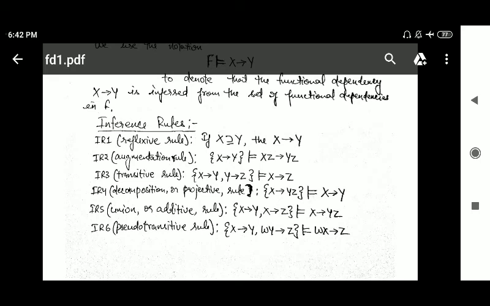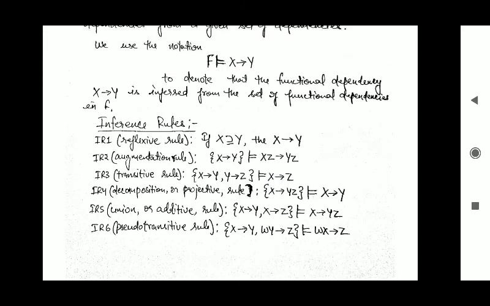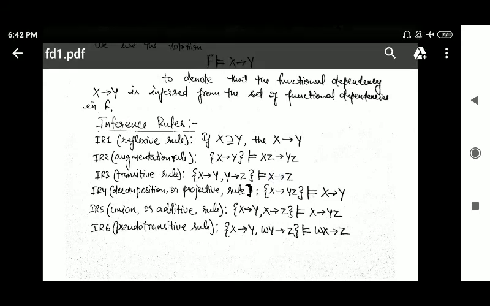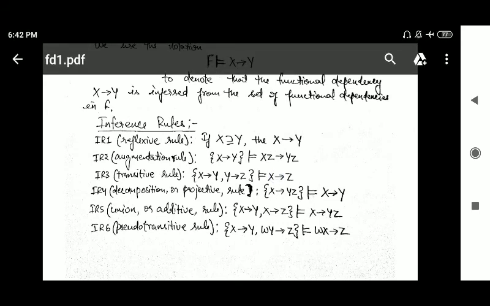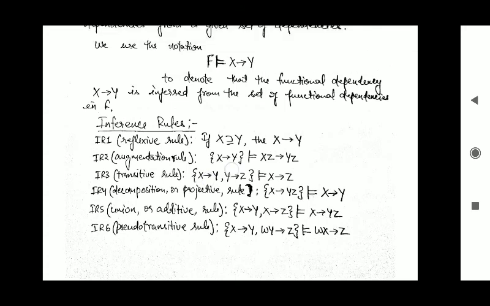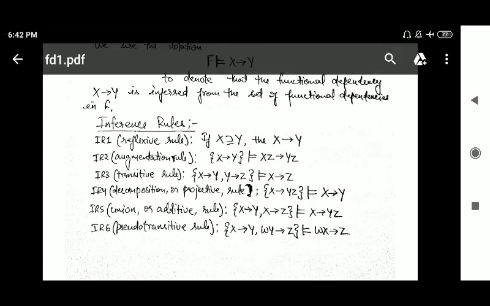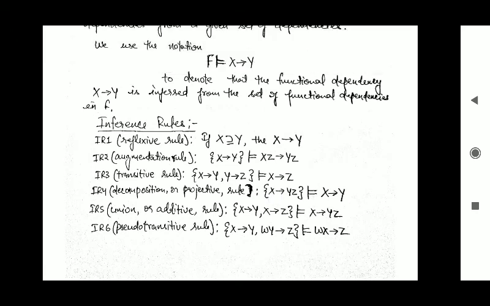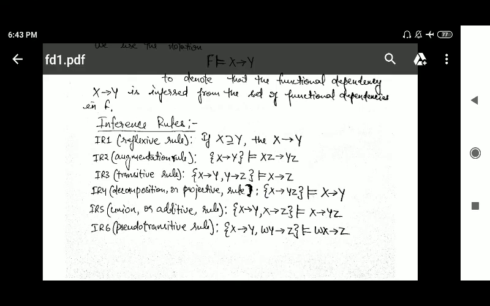Third is the transitive rule. According to this rule, if X implies Y and Y implies Z, these two functional dependencies hold, then X implies Z will also hold. This functional dependency X implies Z is deduced from these two functional dependencies. Now the fourth is the decomposition or projective rule. If X implies YZ holds, then X implies Y will also hold.